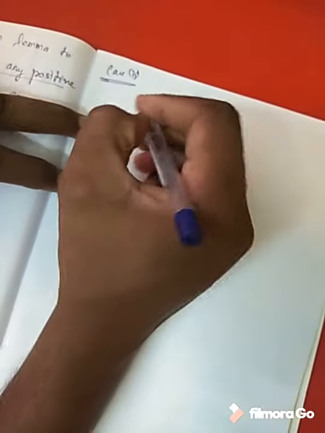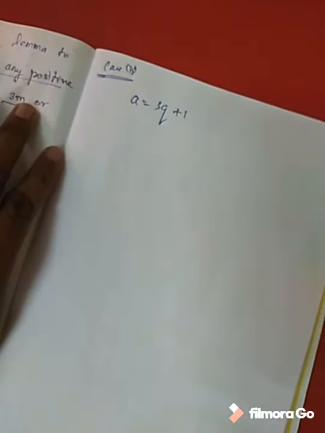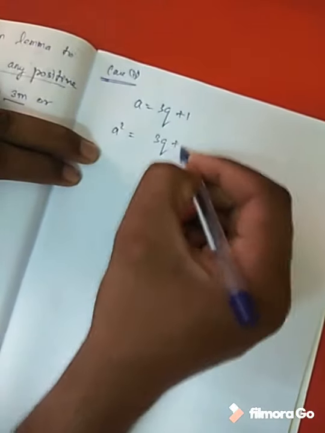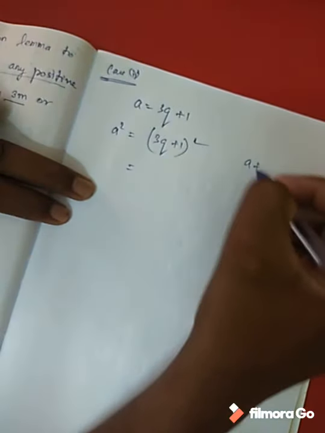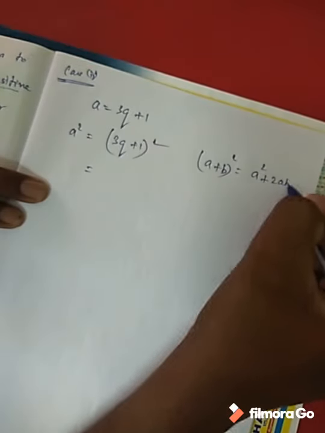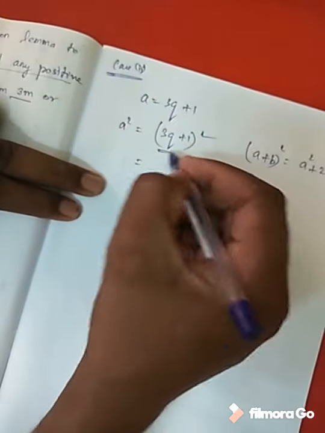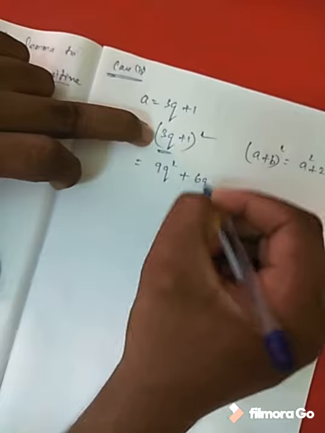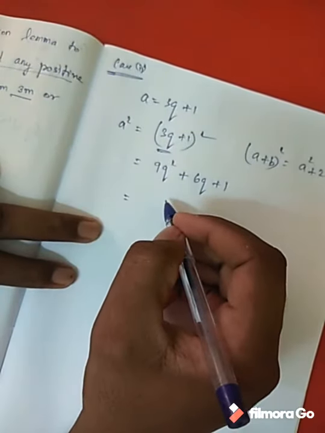Case 2, now I have to take a is equal to 3q plus 1. Again squaring on both sides, a square is equal to 3q plus 1 the whole square. We can use the identity a plus b the whole square is a square plus 2ab plus b square. So using that, 9q square plus 2 into 3 is 6q plus 1.